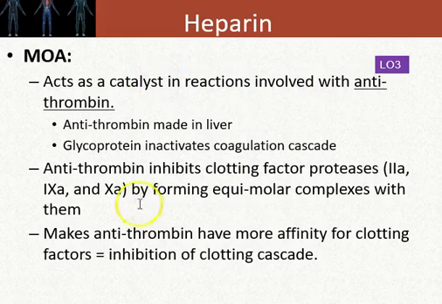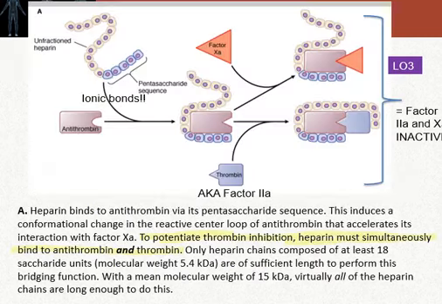Okay, and so it makes the antithrombin molecule have a little bit more affinity for the endogenous clotting factors that already exist, brings them together, and when these two factors or proteins are brought together, the clotting cascade is inhibited. And so this is what this looks like mechanistically. So this is the unfractionated heparin. It's quite a large molecule.